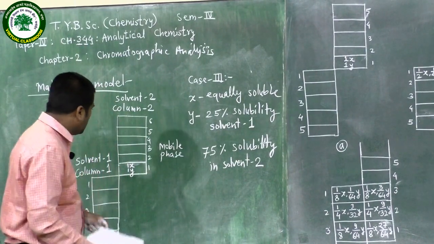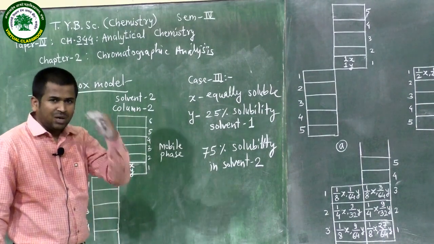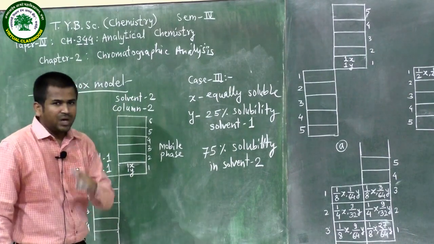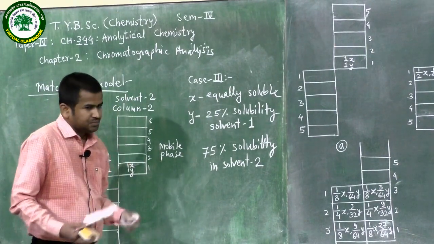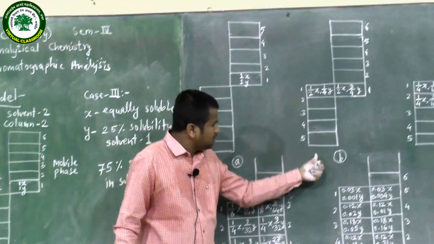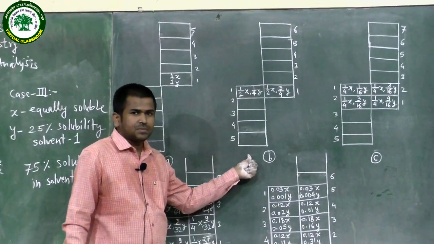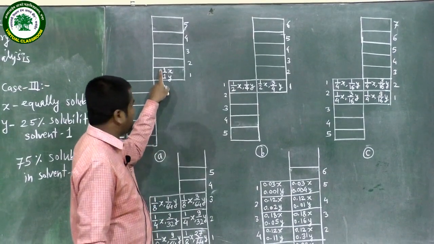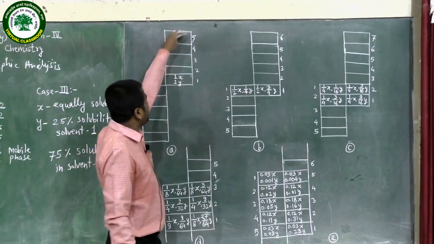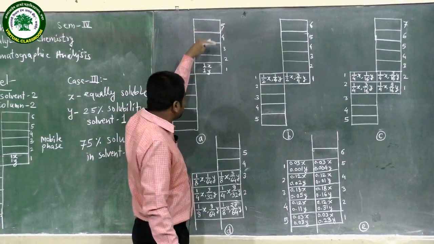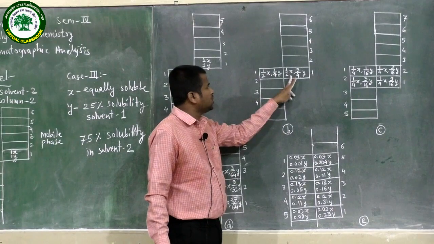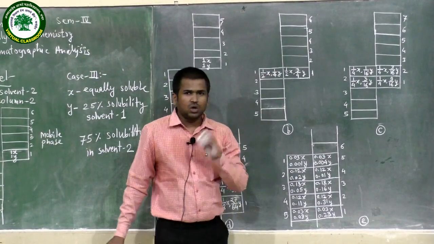So when we add one box of solvent 2 over the column 2 and push it down by 1 unit, we get the figure like B. Here initially we have equal proportion of x and y. When we put one box over the column 2 and push it down by 1 unit, the picture is like this, where x is 50-50% soluble in solvent 1 and in solvent 2.